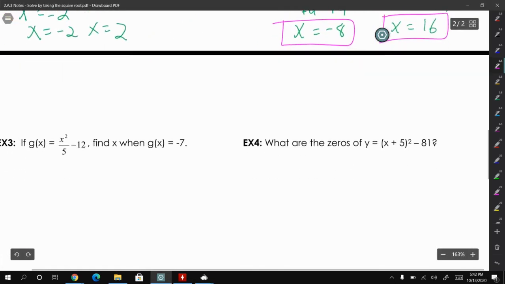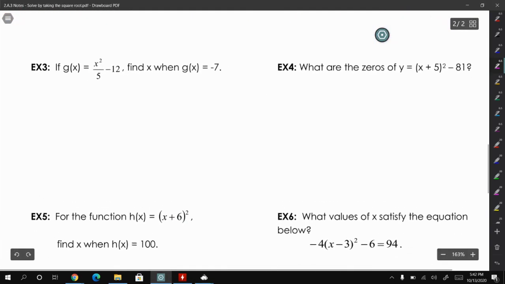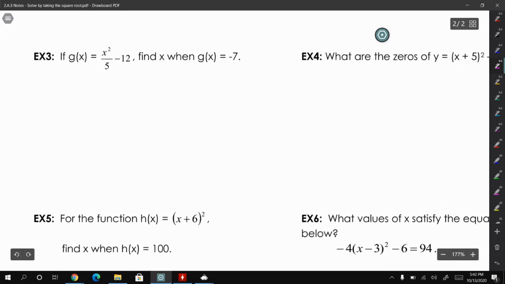All right, let's look at the next page. So example number 3. What we're going to do is we're going to take negative 7 and set this equation equal to that. So x squared over 5 minus 12 equals negative 7. So we're going to add 12 to both sides. We get x squared over 5 equals 5.